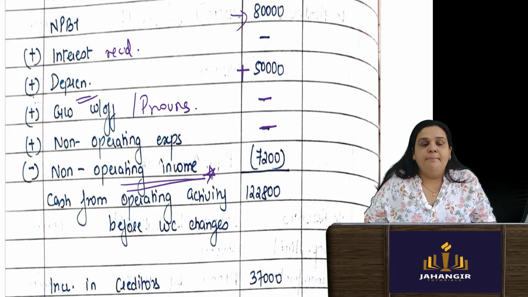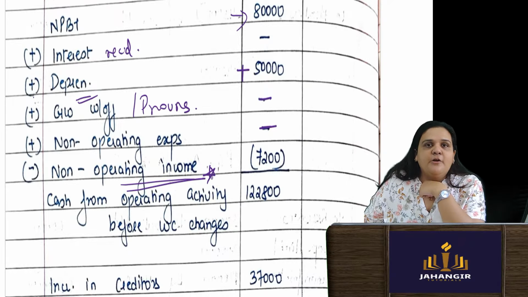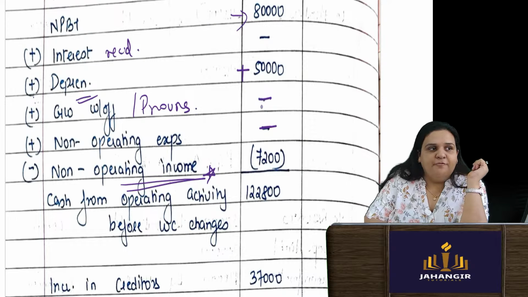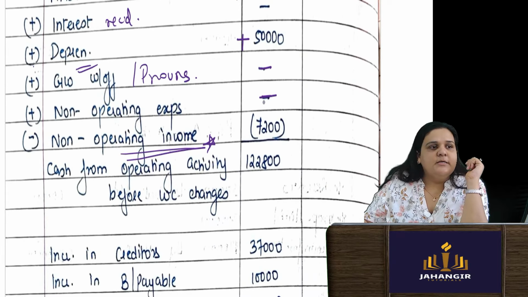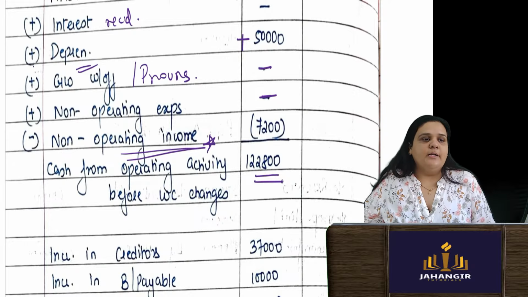Yes, we had put that profit of 7,200. It is non-operational. There is a profit of 7,200 which we had put in our P&L. So my profit has to be now reduced because it is non-operational in nature. So subtract 7,200. You will get cash flow from operating activities before working capital changes.